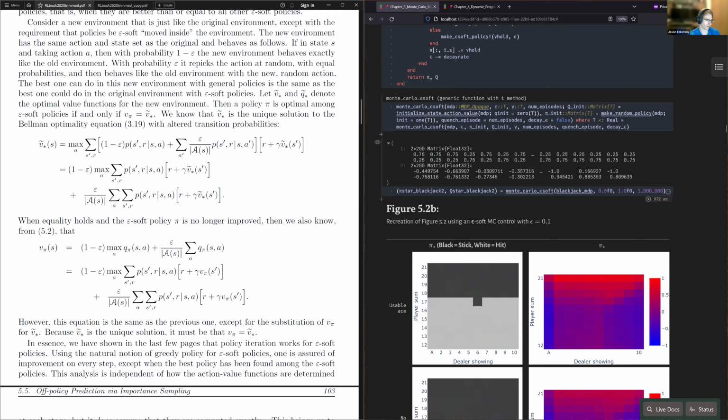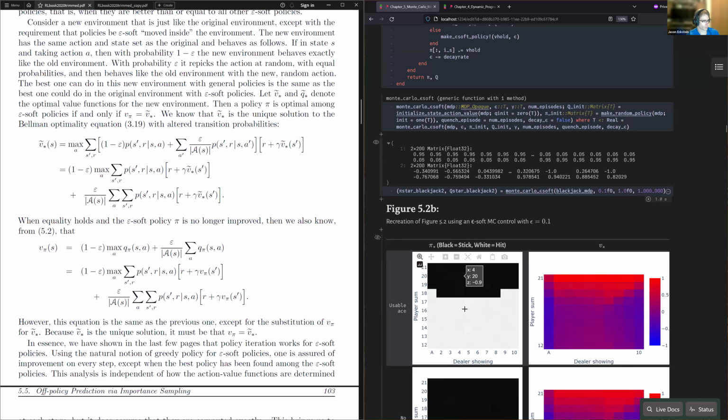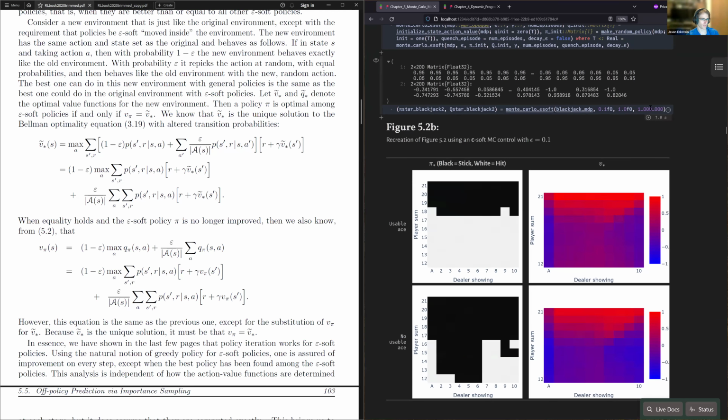So here, this means that this first action will be taken 75% of the time and this one 25% of the time. But if epsilon were a much smaller number, like if I change it back to 0.1, now this is 95 and 5, so a little more straightforward. But the policy that it ends up finding will still have this epsilon restriction on it.